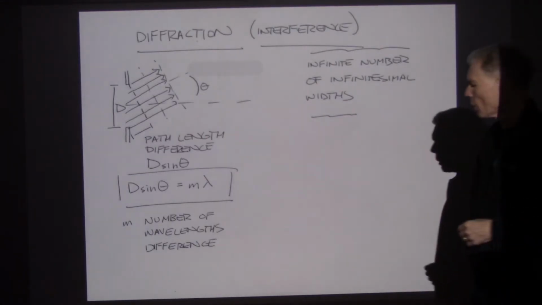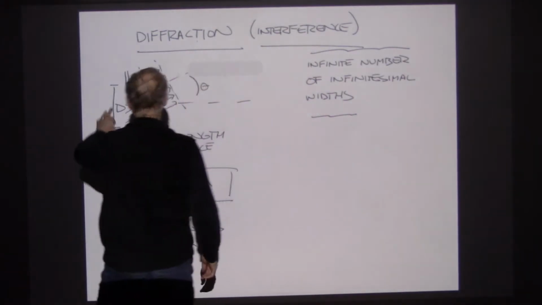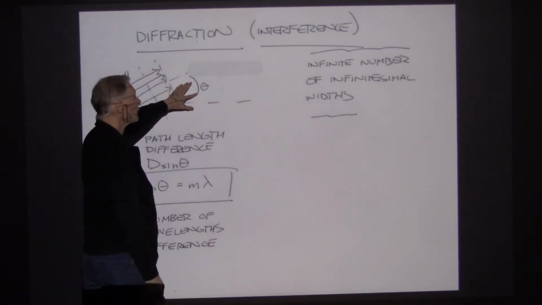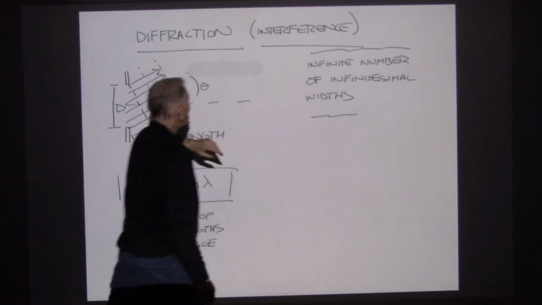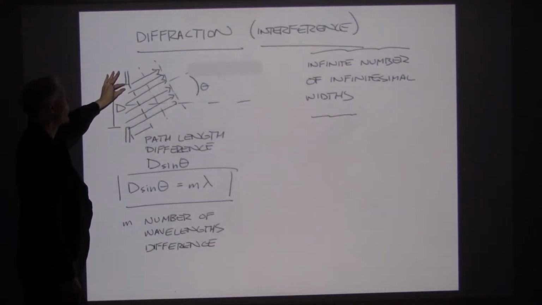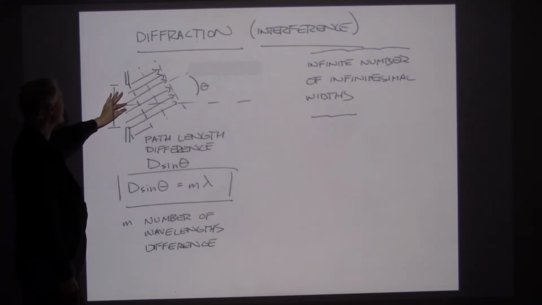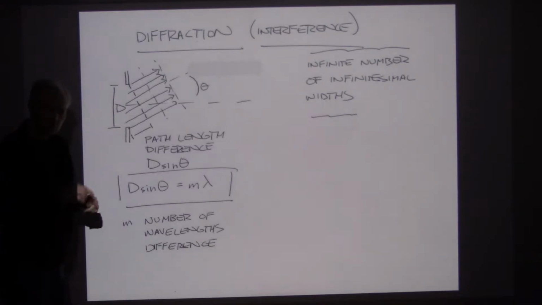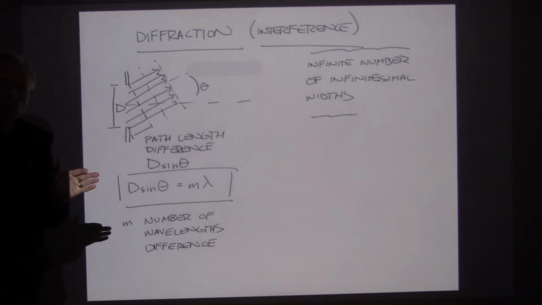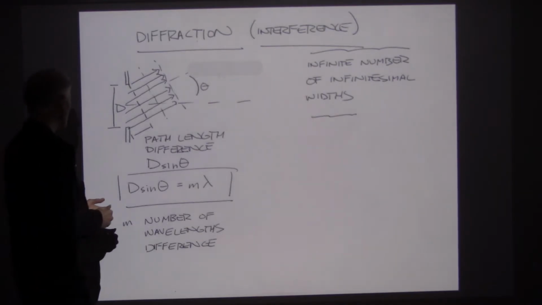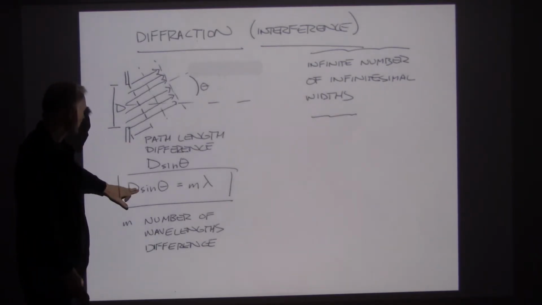So here's my own drawing of that. Here is the width, here is the angle, and again, you can think of this as an infinite number of infinitesimal widths. Each one of those little tiny portions of the width is contributing a little bit of electric field, or a little bit of amplitude, for us. And this is the formula that we end up with.